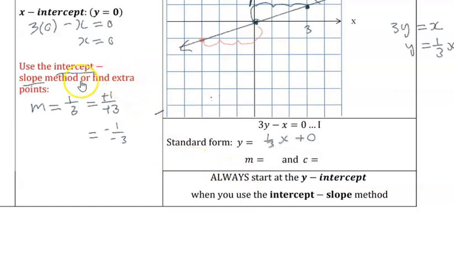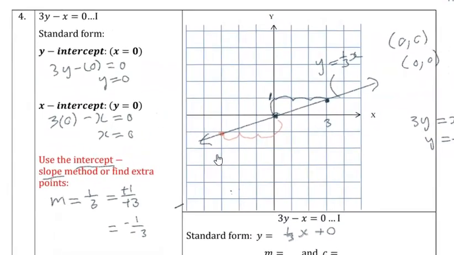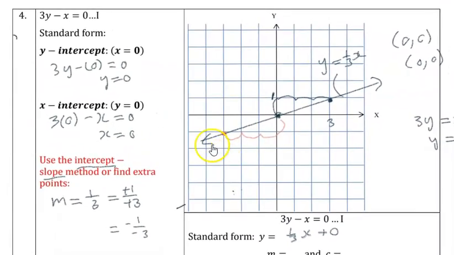As I say, you can also just ignore this m value, but you can also just work out 2 extra points by substituting. For instance, because we have 3 there, I will make x equal to 3, and then we will have y equal to 1.